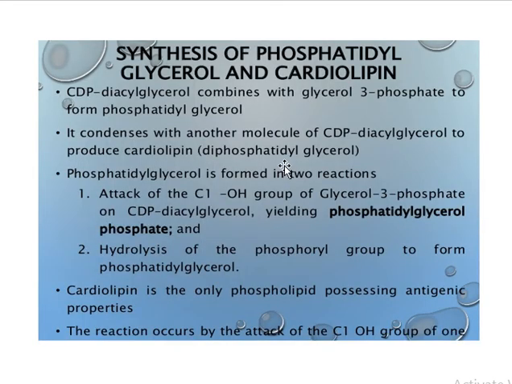Then the synthesis of phosphatidyl glycerol and cardiolipin. For the synthesis of cardiolipin, first of all, CDP diacyl glycerol is formed by the reaction of phosphatidic acid with CTP, as in the synthesis of phosphatidyl inositol.